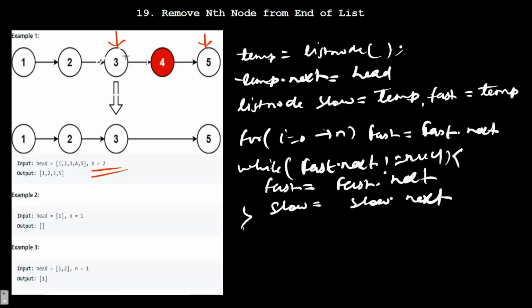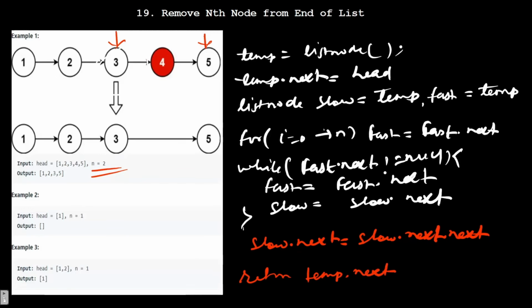So now we only have to do slow.next equal to slow.next.next, and then return temp.next, as we had pointed our head at the next index of temp. So this is the pseudocode that we have to write in our compiler.